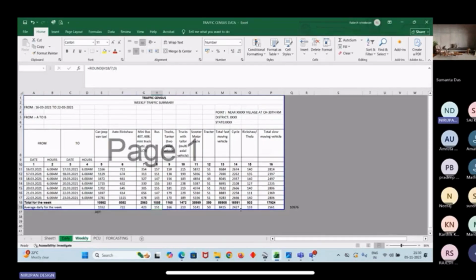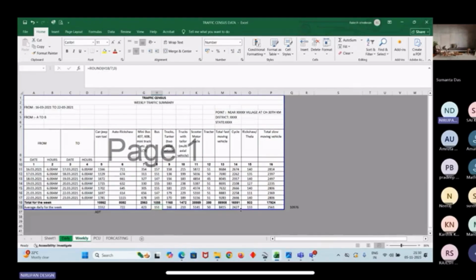But it is not possible to conduct the traffic survey throughout the year. So in that case, what will we do? We need to find the fuel consumption, the traffic pattern, the total traffic movement throughout the year. We need to understand the periods of more traffic.